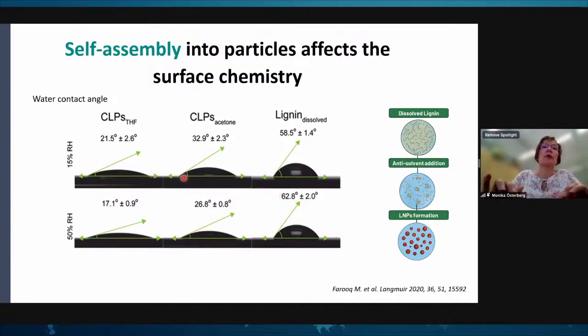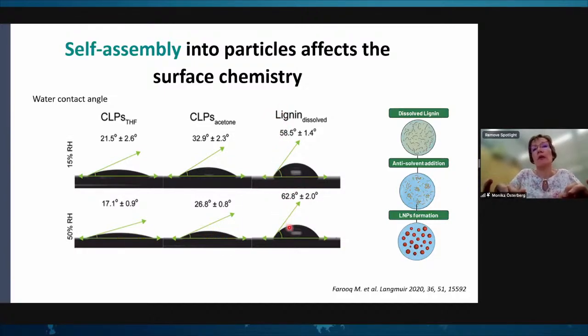But what you can see here is the water contact angle measured on model surfaces coated with the colloidal lignin particles, either made from THF or acetone, or then a model film made from dissolved lignin. And you can see that we got the typical about 60 degrees contact angle for the lignin.